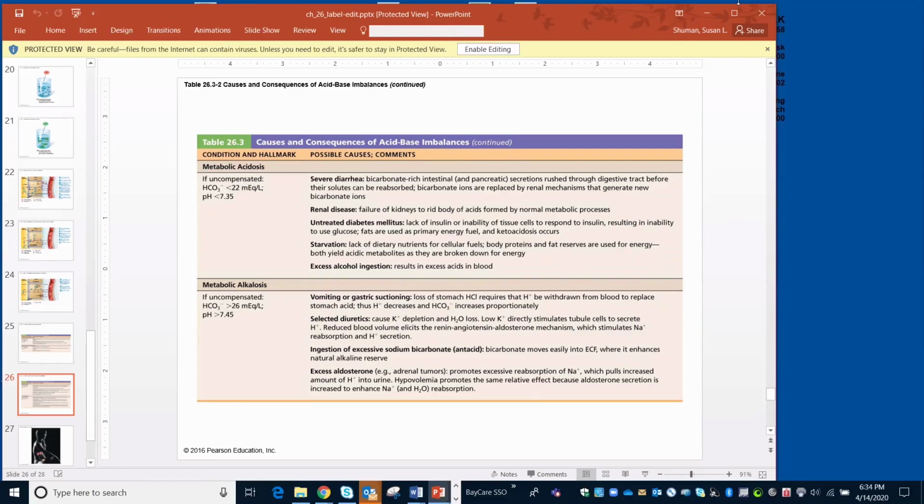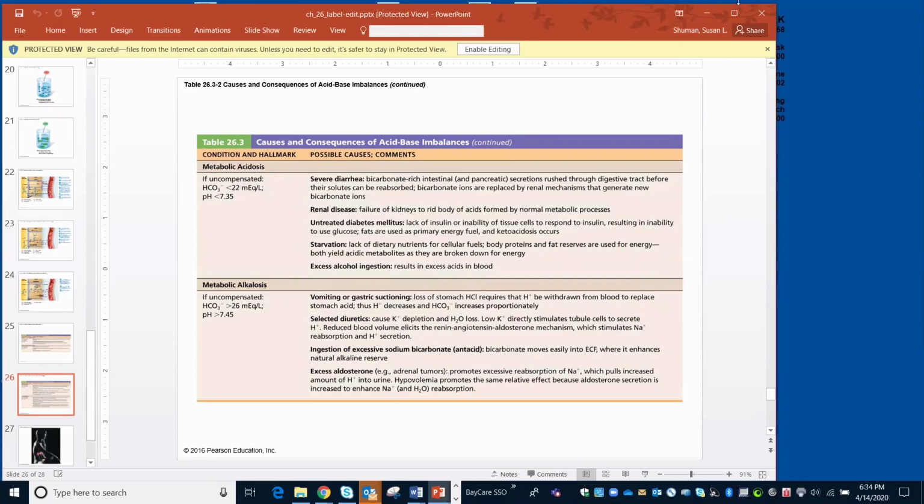Does that have anything to do with compensation? Well, the compensation is what your respiratory rate is doing to help fix the metabolic issue. So whatever is screwed up, the other one is going to be the compensator. That's why you're always looking at each one every single time. You go through the same steps every time. Make sense?